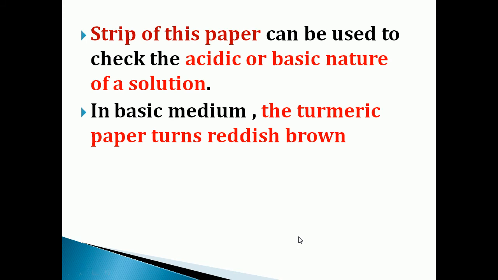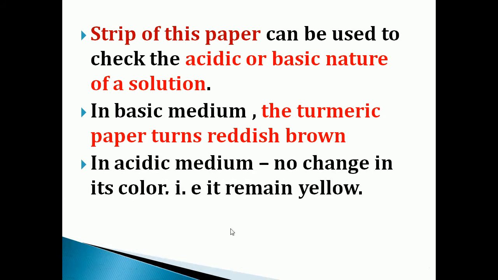In an acidic medium, there is no color change; if the substance contains acid, it remains yellow. Understood, children? So if the substance is basic, turmeric paper turns reddish brown, and if it contains acid, it will not show any color change and remains yellow.